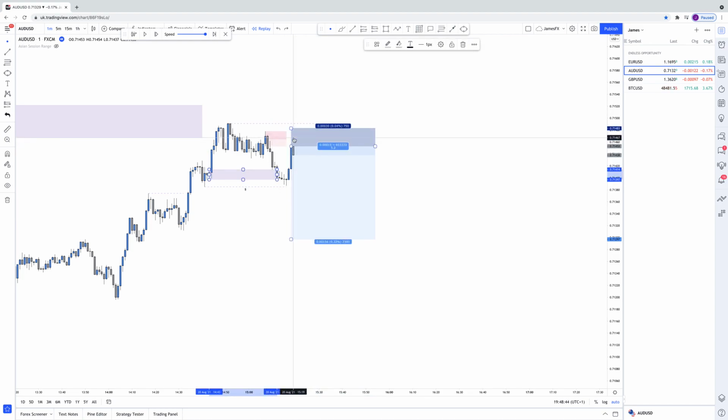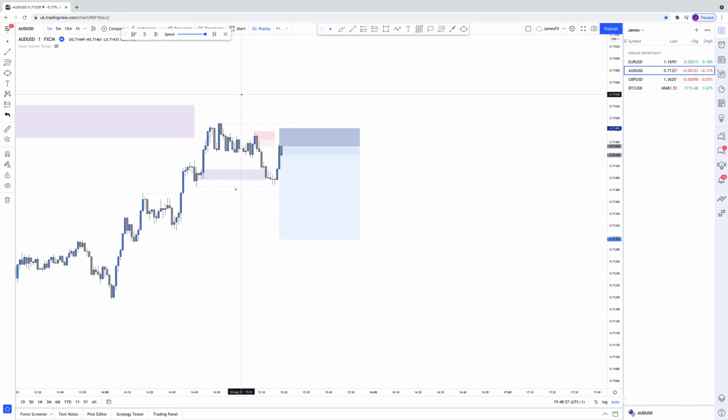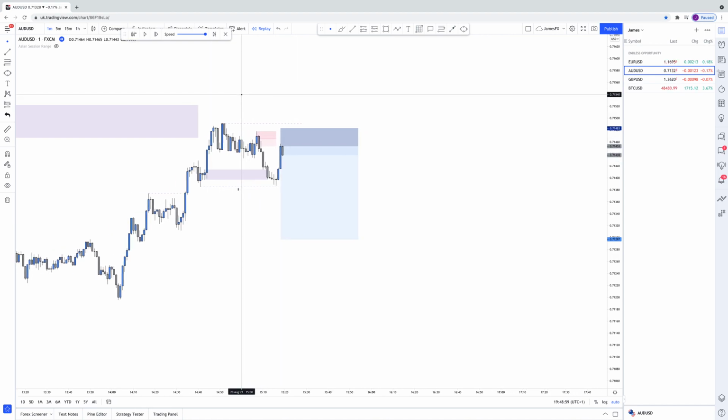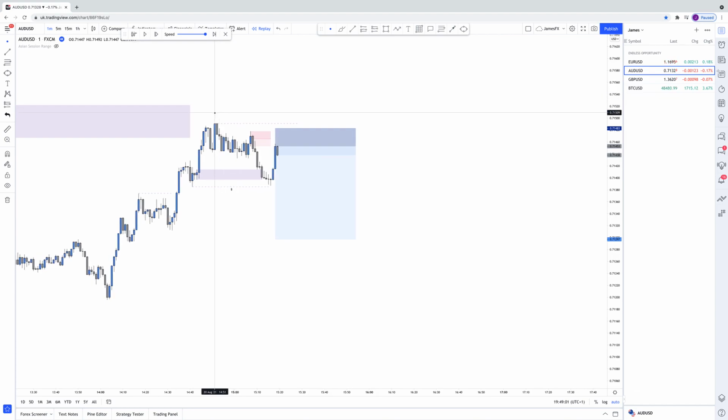You wouldn't have been in this example, but we're playing with facts, and if this is going to continue, it shouldn't really come above this high. Okay, that doesn't mean it won't, because it will sometimes, but we're just playing with facts and sticking to our plan basically.